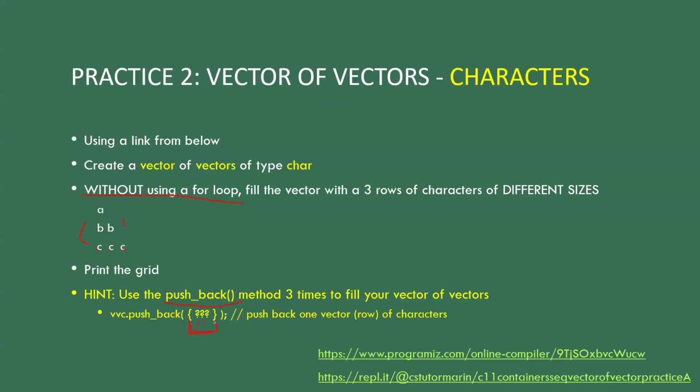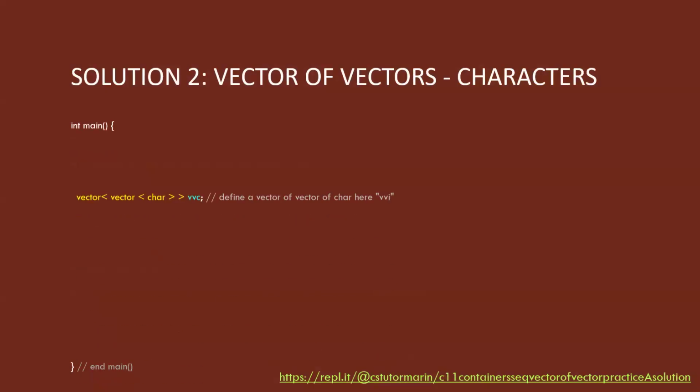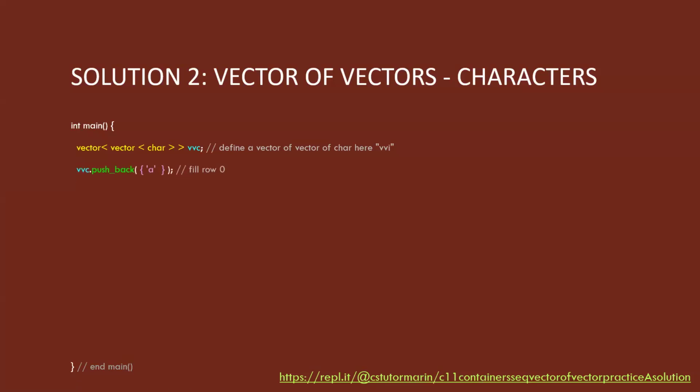So when I say, hey, push back this thing, C++ goes, oh, that's a row, and we're a row of characters. Okay, that's a vector of characters, and it will just automatically construct that for you, okay? So let me show you what I'm talking about, but you guys should try this, right? Here's our vector of a vector of characters. I'm going to push back an entire vector with the A in there.